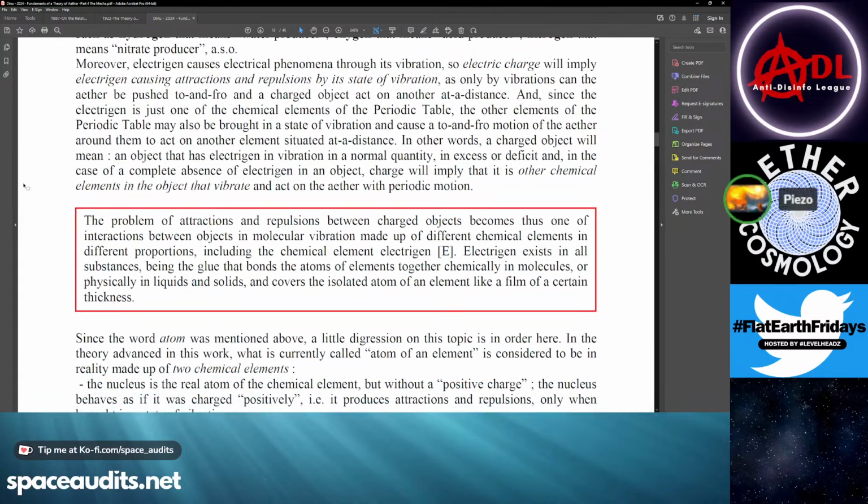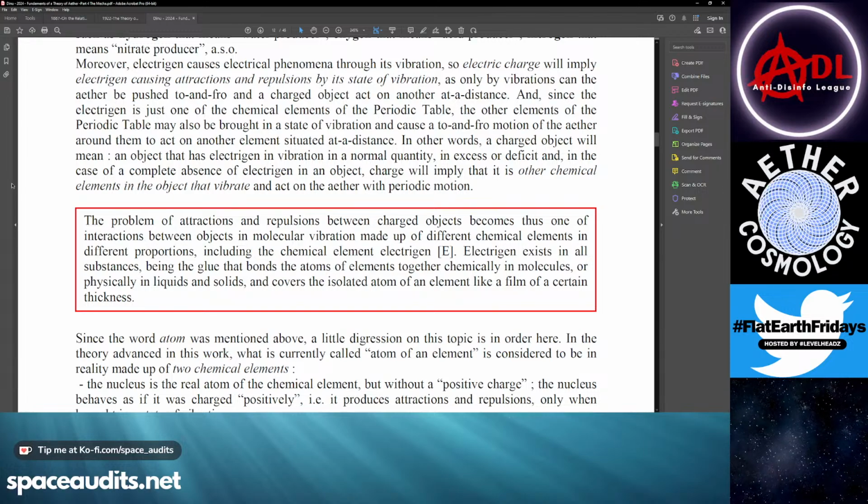Moreover, electrogen causes electrical phenomena through its vibration. So electric charge will imply electrogen causing attractions and repulsions by its state of vibration, as only by vibrations can the ether be pushed to and fro, and a charged object act on another at a distance. And since the electrogen is just one of the chemical elements of the periodic table, the other elements may also be brought in a state of vibration and cause a to and fro motion of the ether around them to act on another element situated at a distance.